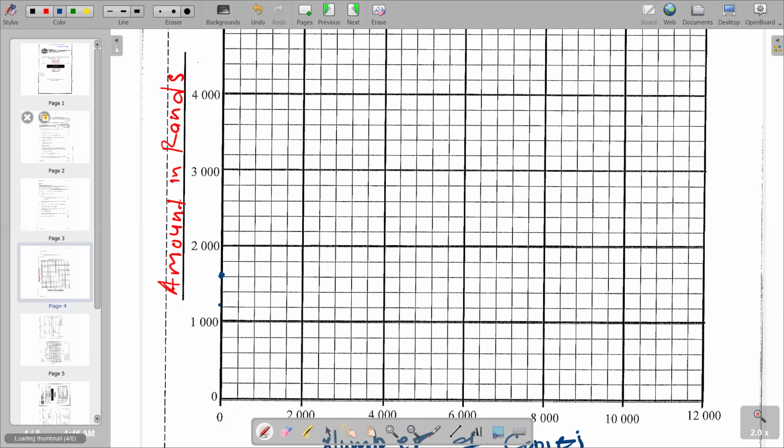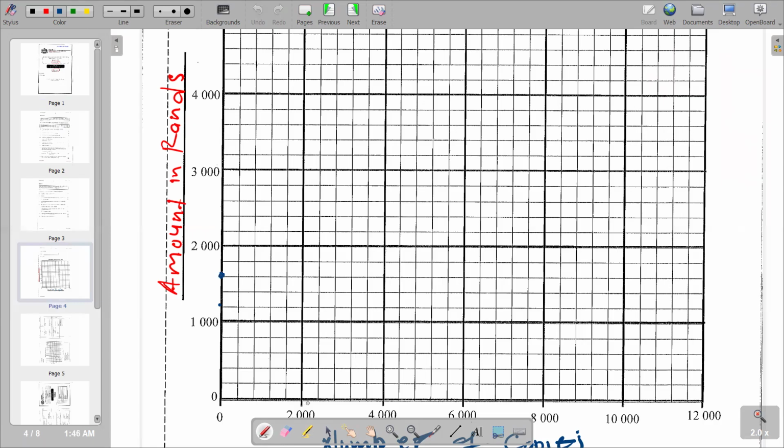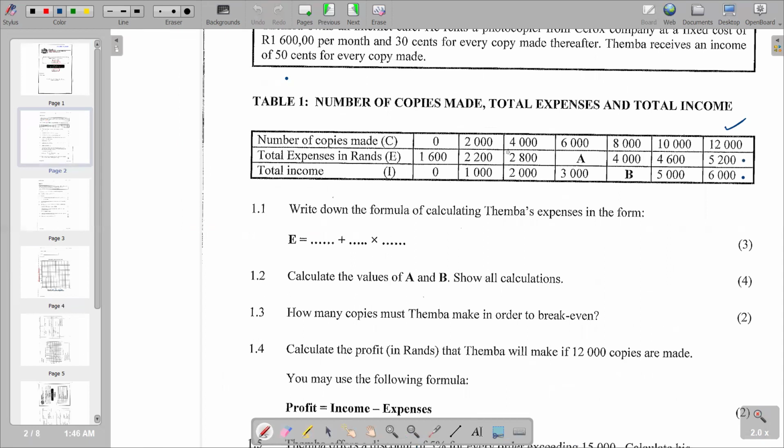The next point is 2,000 number of copies, then 2,200 expenses. So 2,000 on the horizontal axis, then 2,200 on the vertical. It's here. That's our next point. Then we go to the last point that we are given, which is 12,000 for number of copies and 5,200 for expenses.